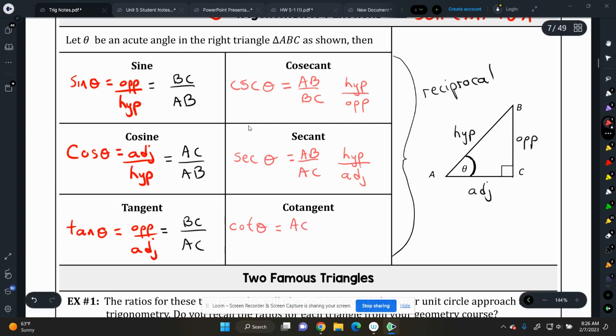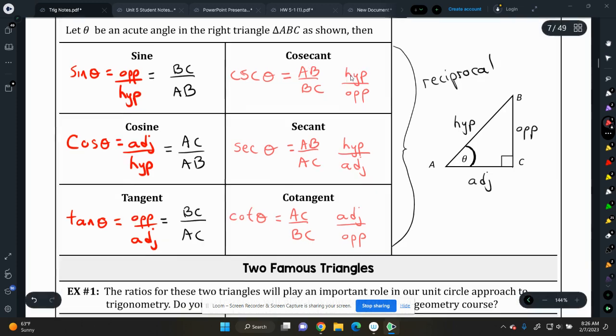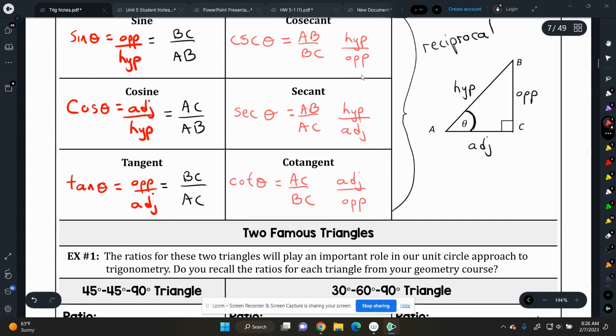So it'll be AC over BC, which is adjacent over opposite. COT, yes. Okay, you have to know these 6 trigonometric functions.